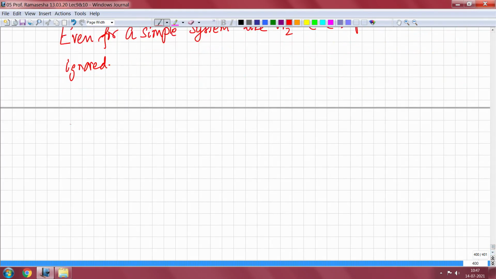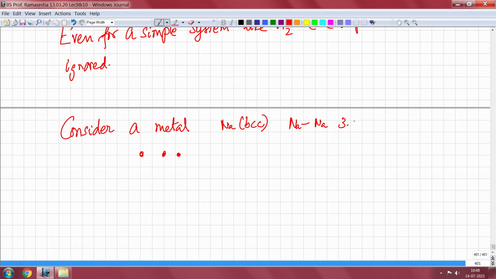Okay, consider a metal, and I will ask a different question. The question that I am going to ask is the following: I consider the case of sodium. Sodium is a body centered cubic metal, and the nearest neighbor sodium distance is 3.7 angstroms.